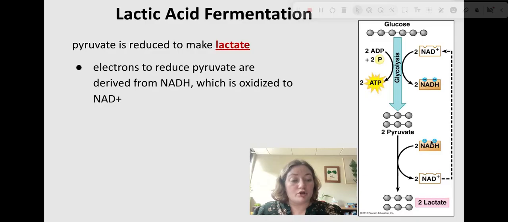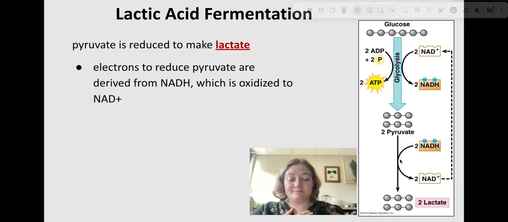So we're going to lose electrons from NADH, and when that happens, we get NAD+. Now this NAD+ can be used in glycolysis because NAD+ will then be turned into NADH, which is a product of glycolysis. But again, then we're going to use the NADHs and turn them back into NAD+. So this way, glycolysis can still happen, and we're not getting a buildup of NADHs.